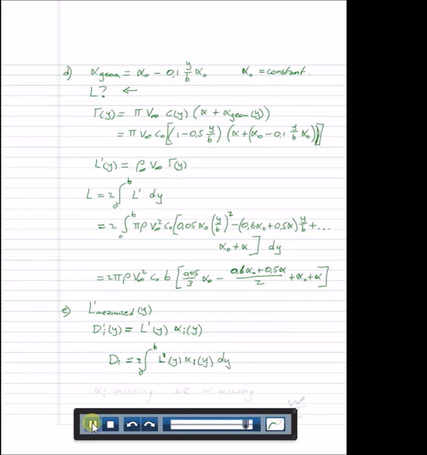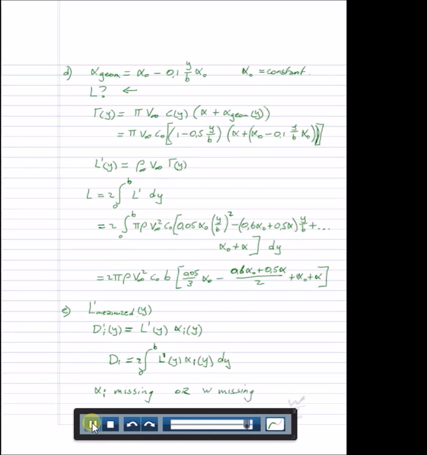So clearly, if you've measured L prime, then we're still missing alpha I, or W missing.